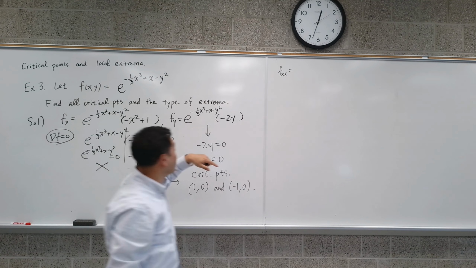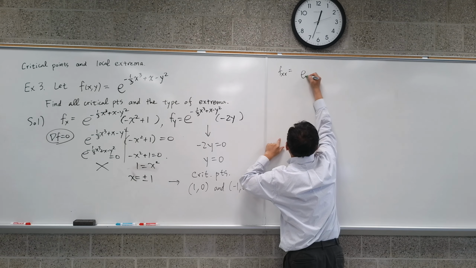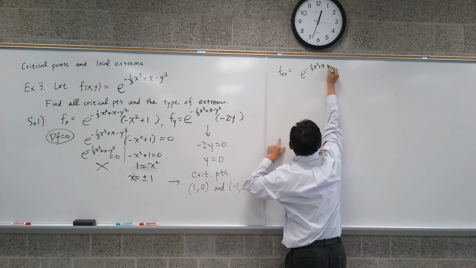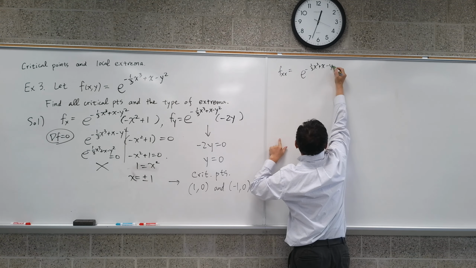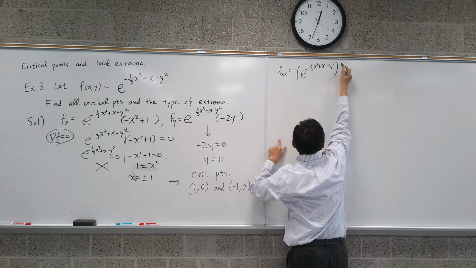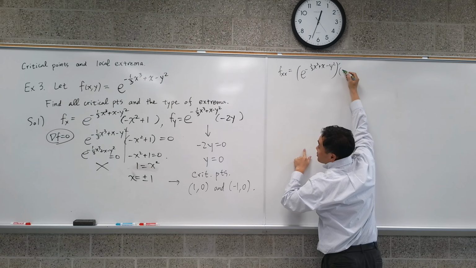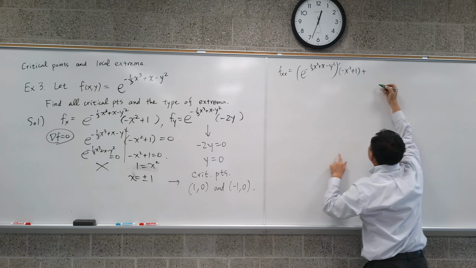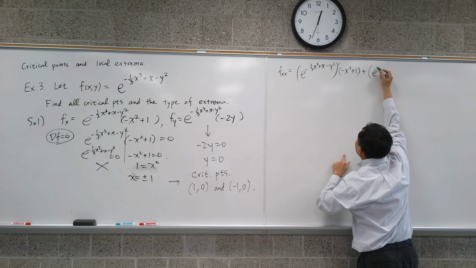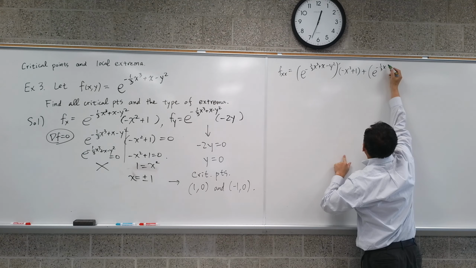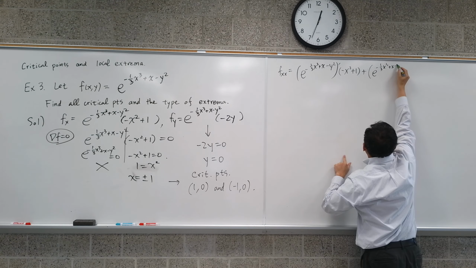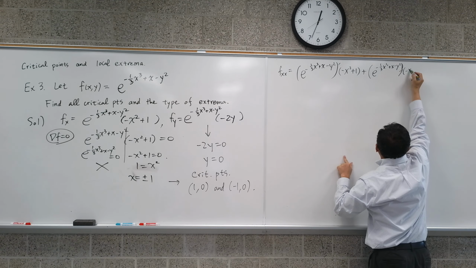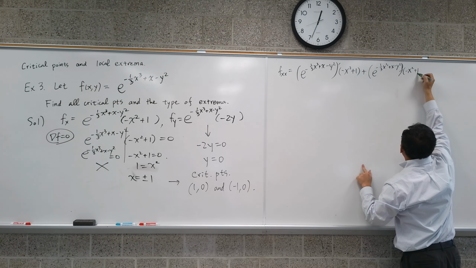Okay, so we're going to differentiate this by using the product rule. Differentiate this, and don't do anything to this one, plus don't do anything to the first factor, but differentiate the second factor.